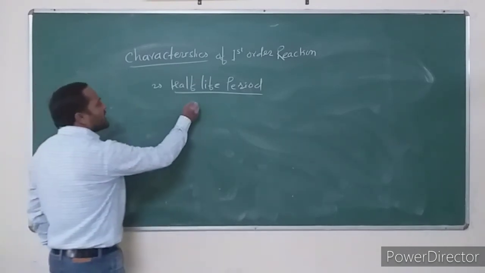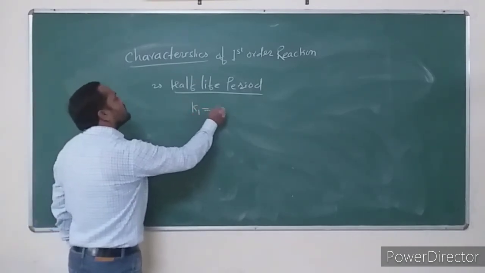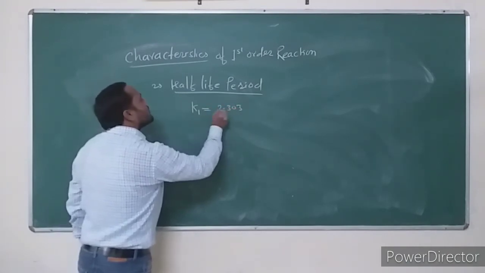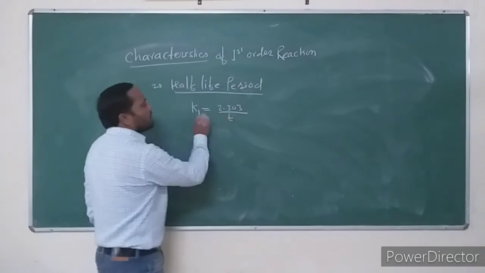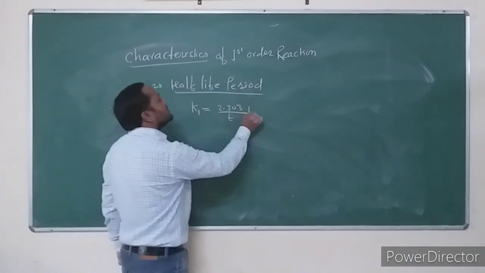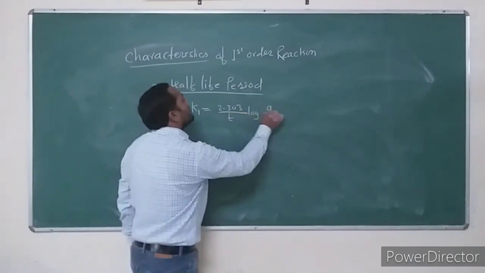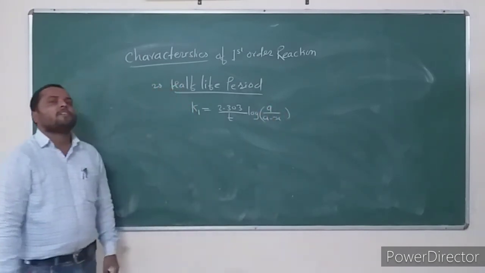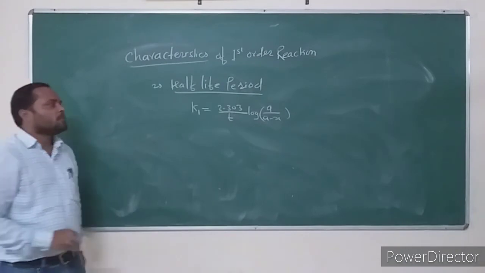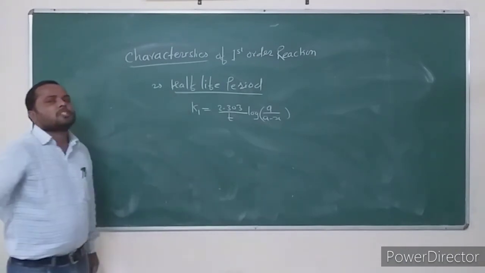For the first order reaction, the rate equation is k1 is equal to 2.303 divided by t into log a upon a minus x. This is the equation of first order rate constant. Then how to determine the half-life period?